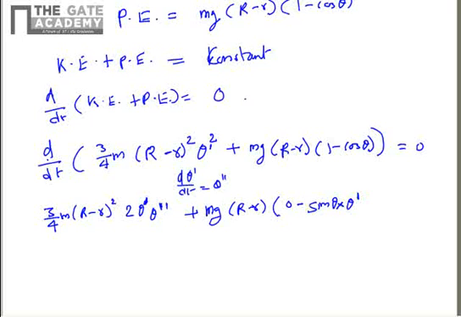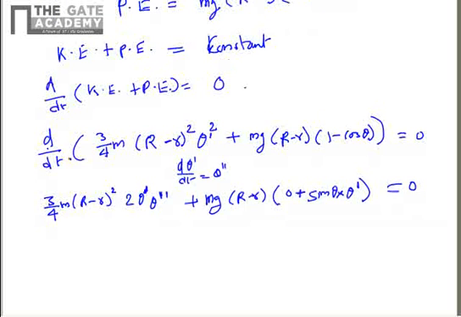And for the differentiation of cos, we get minus sin θ, so this sign will become positive here. This thing equals 0. You have to take the common things out in the expression. The common things are basically m and θ'.